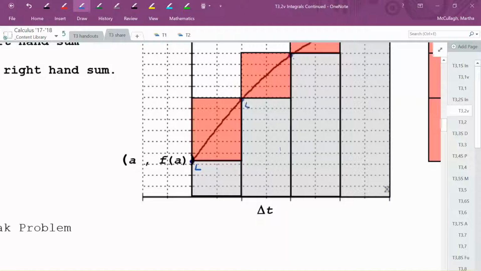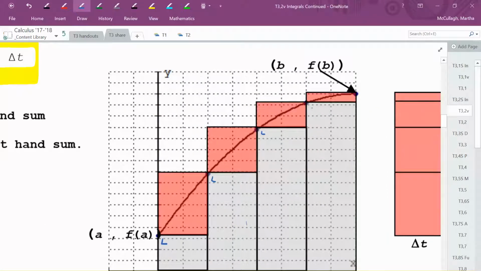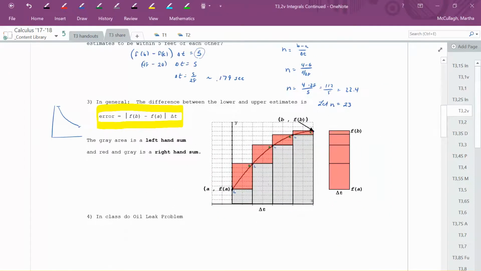So these gray rectangles become a left-hand sum. If we look at the combined gray and red rectangle, it's the upper right-hand corner that's hitting the curve. So we call that a right-hand sum.